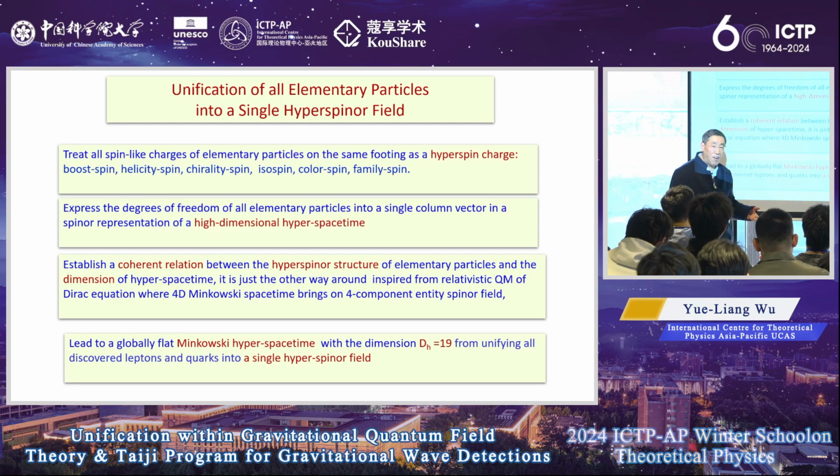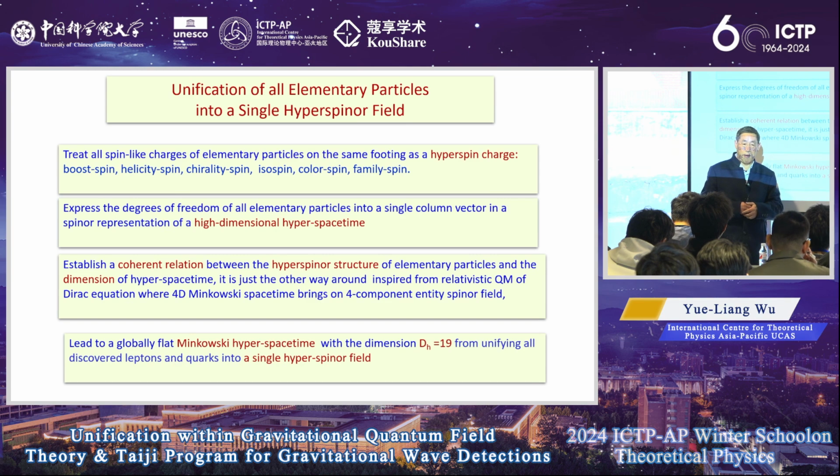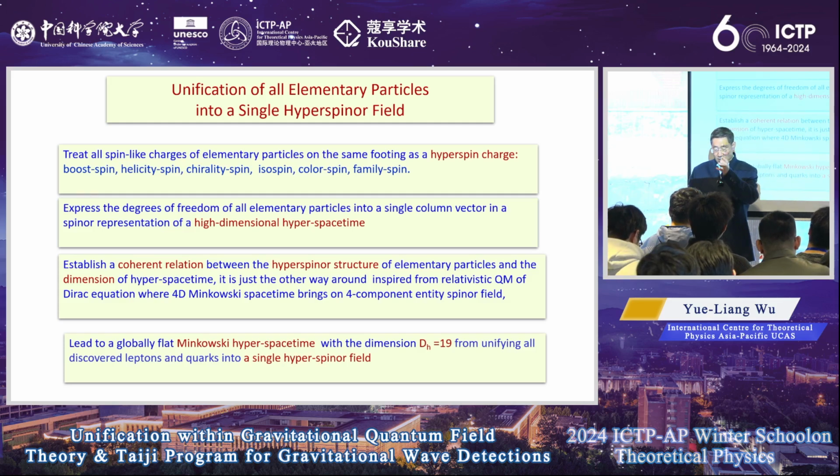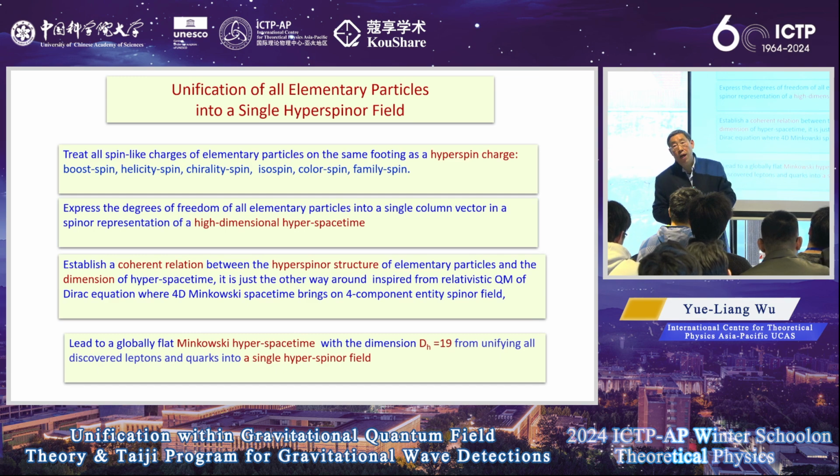If we take the 19-dimensional space-time and combine it with quantum mechanics, we found there are 256 independent degrees of freedom for this single particle.